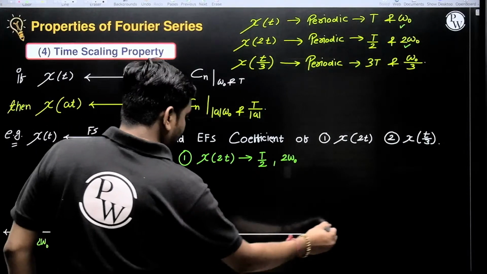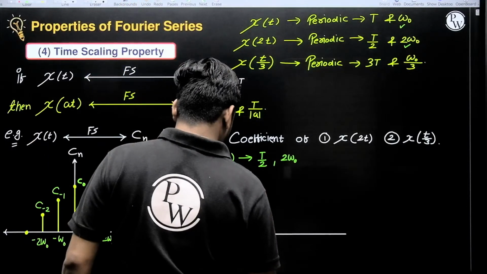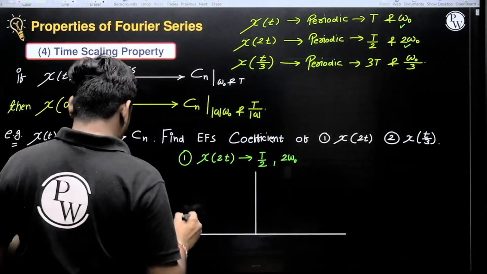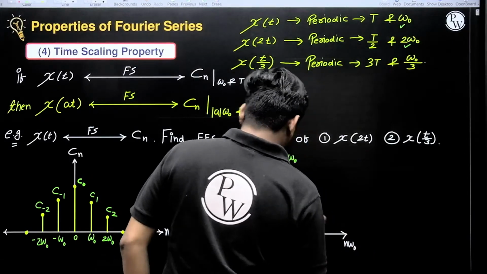So here we will find the change in spacing between samples. Again I am writing n omega 0.